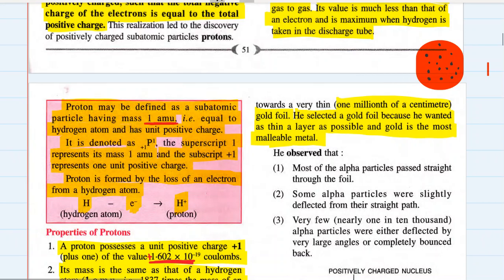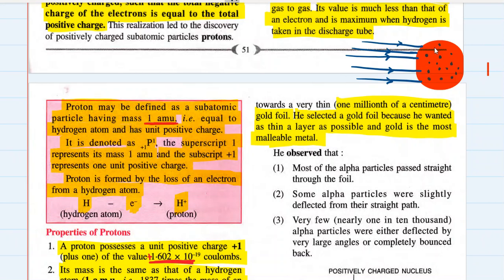Then if I direct a beam of alpha particles, which are doubly charged helium nuclei, towards this atom, they will not be able to penetrate it, because this atom is made up of full positive charge.